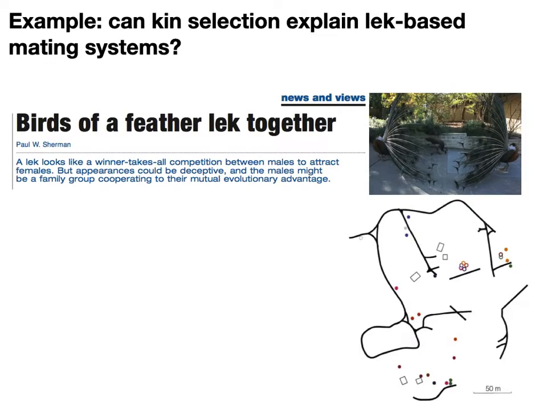Here's a little example. It's been proposed for lek-based mating systems that perhaps they're an example of cooperation among kin. And evidence for this came from a study in the 1990s of peafowl in a zoo population in England. The lead author was Marion Petrie. She did an experiment where she hatched some eggs in captivity.